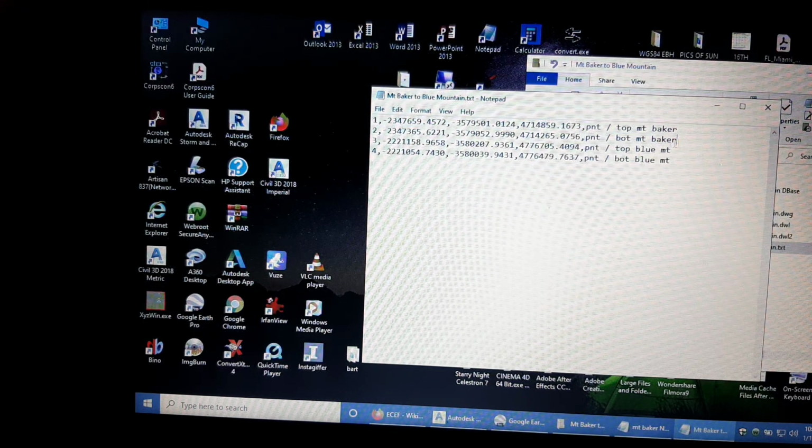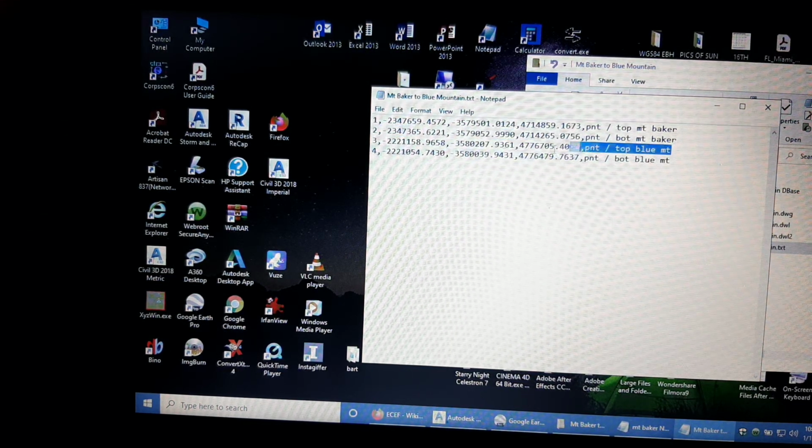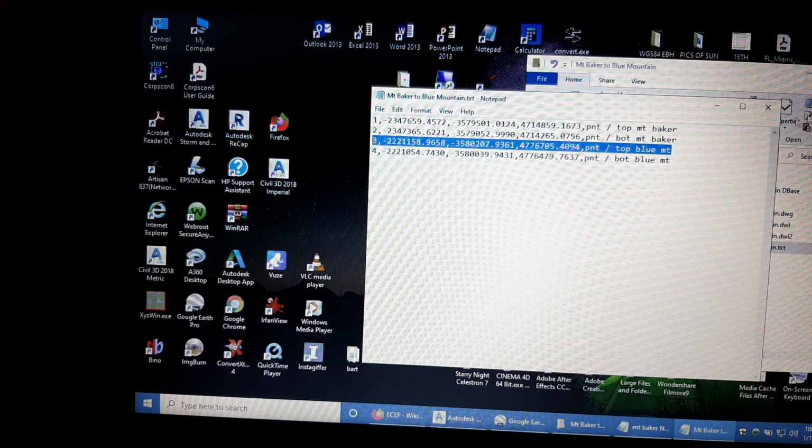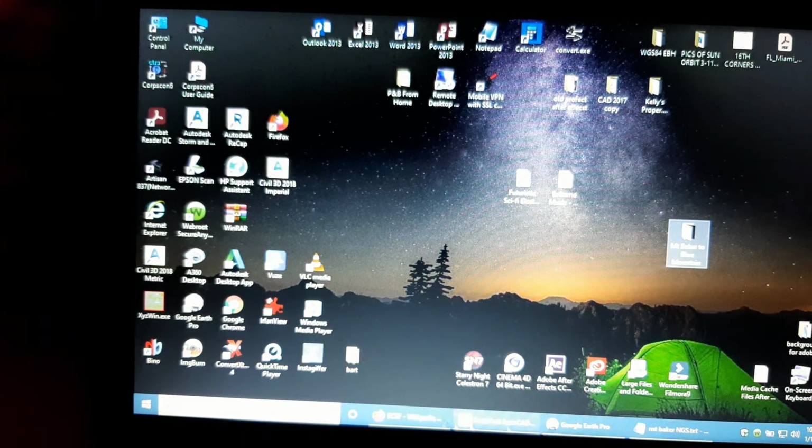And then I just make another point, just a negative. So I have 2 points so I can draw a line, and then I did the same thing for the other one. So that's my text file to load into AutoCAD.